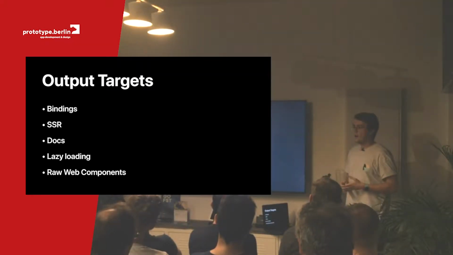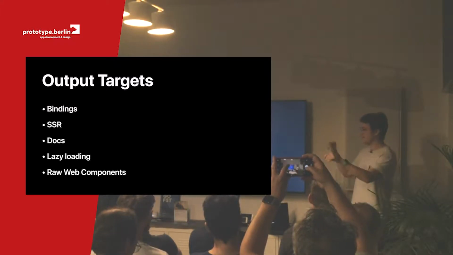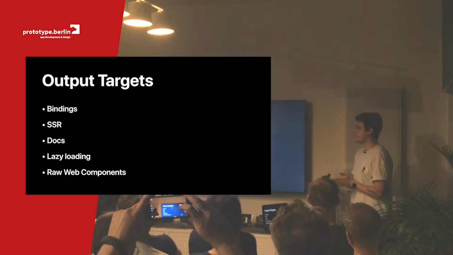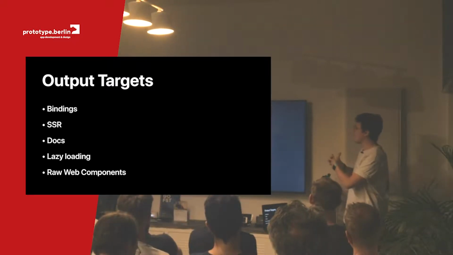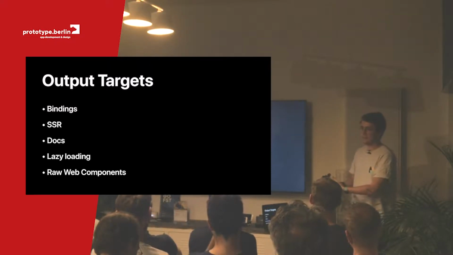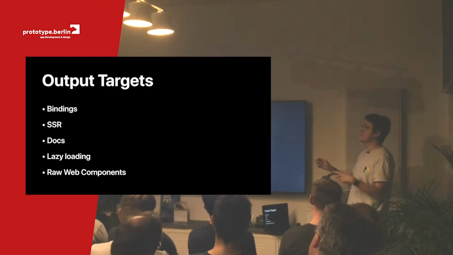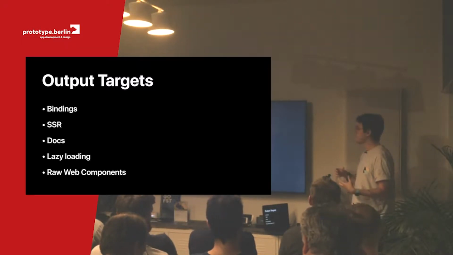Ionic Core is the set of web components that implement all this design system, right? So when you have web components, you just drop in a script tag in an empty index HTML, and it just works, right?